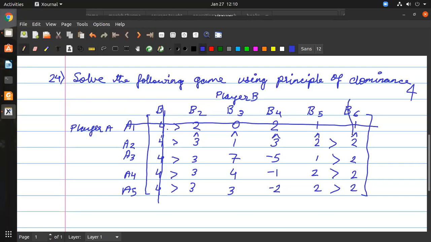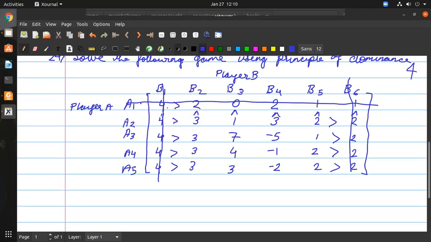So can I eliminate this? Yes, sir. Okay. So if I eliminate this, again, if I see my strategy B2 is always greater than B5. See, this is 2, this is 3, this is 1, this is 3, this is 2, this is 3, this is 2, this is 3. So can I eliminate this also?